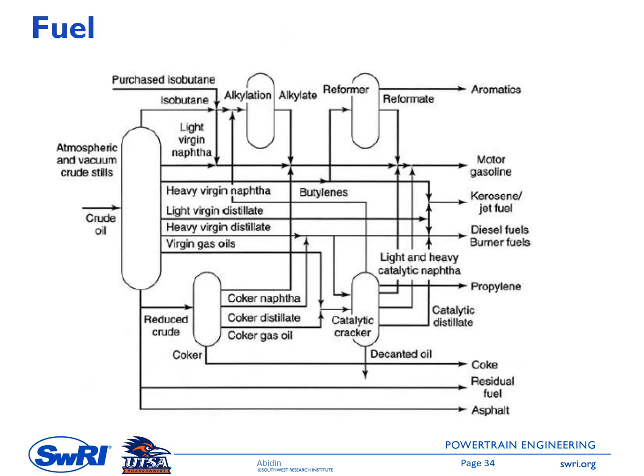The last topic for this chapter 1 is the fuel. This figure is showing the schematic of a refinery process to produce gasoline and diesel fuel from crude oil. In this refinery process, the crude oil is physically separated by distillation into various products.